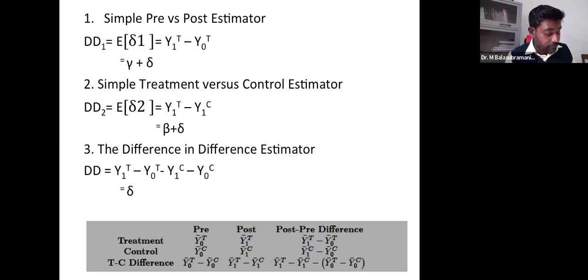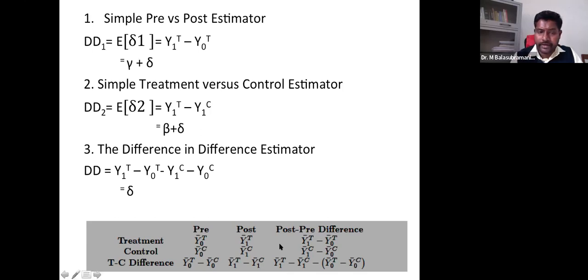The effect of your program will be captured through an exact figure. That is the advantage of using this double difference. If I use only a single estimator, as earlier, then it may overshoot or undershoot because of these two factors. And I have presented these results in the table below.